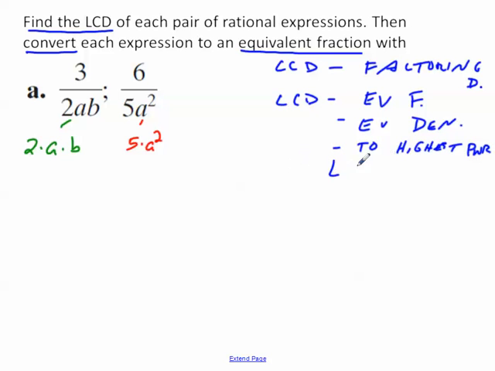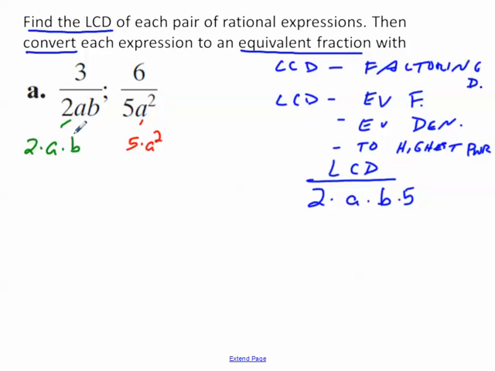So our lowest common denominator includes every single factor. We've got to list 2, a, b, 5, and a, which is listed already. So we've listed every single factor from every denominator, and now we raise it to the highest power.